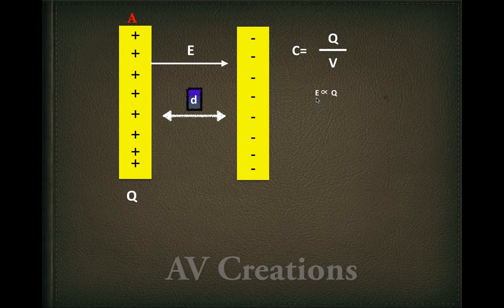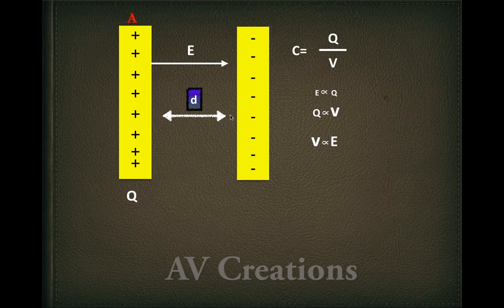Electric field will increase with charge, and if we are giving more charge, we need to do more work to bring a charge from this point to this point. The potential also depends on Q. If we are giving more charge, there will be more potential. Q is proportional to V. So E is proportional to Q and Q is proportional to V, so we can write V proportional to E. To remove this proportionality sign, we can add a constant.